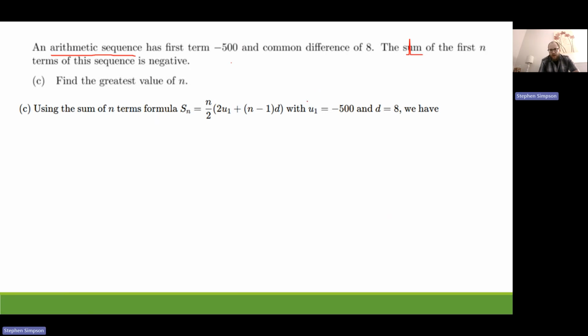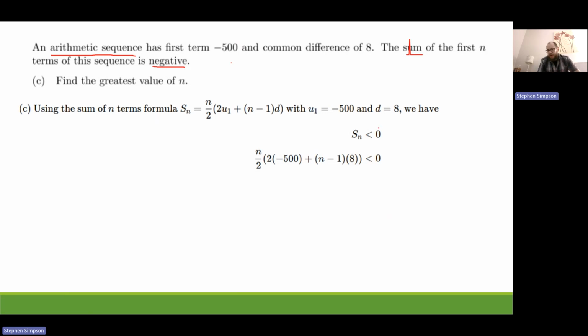So we know our first term, we know our common difference. We know that the sum is supposed to be smaller than 0 because it's negative. So instead of setting it equal to 0, you set it as less than 0.